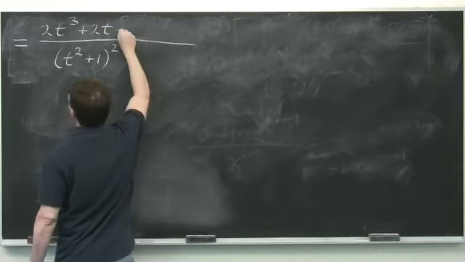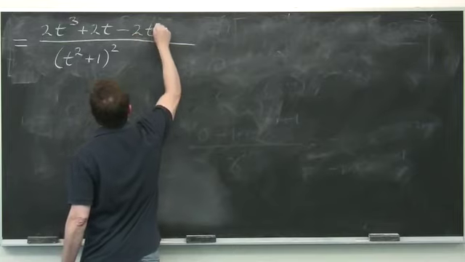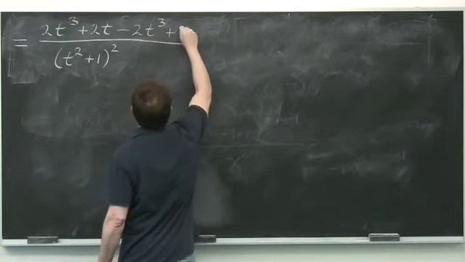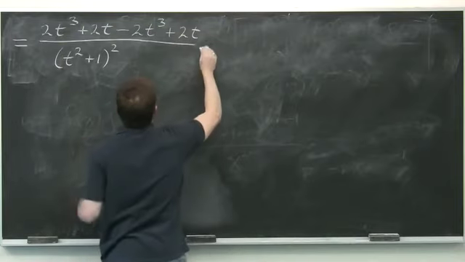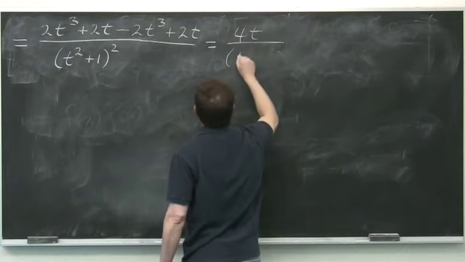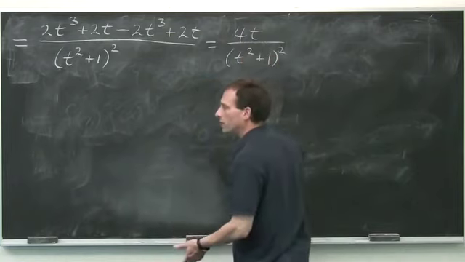And then you get minus another 2t cubed. And then there's a minus minus, that's a plus, so plus 2t. The 2t cubes cancel, and you're left with 4t over t squared plus 1 squared. Units, feet per second per second.